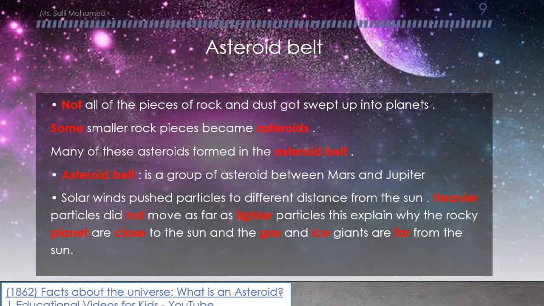However, the giant planets, because they are made up of gas and ice, are lighter than the rocky planets, so they are pushed away from the sun. They are found further from the sun. So the rocky planets are found closer to the sun, and the giant planets are found further from the sun.